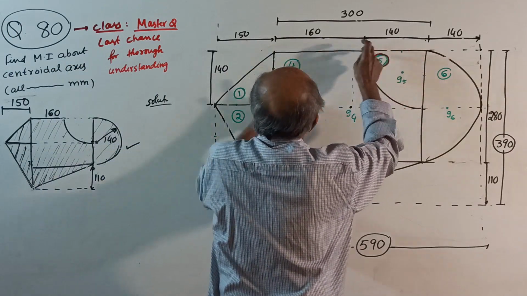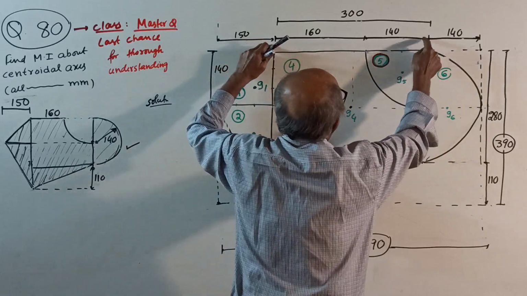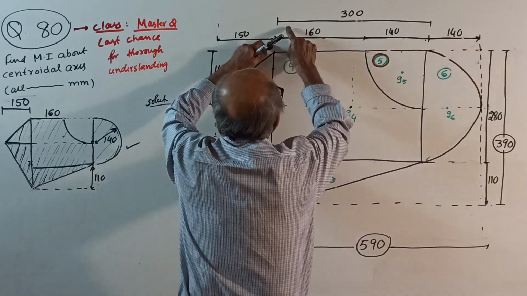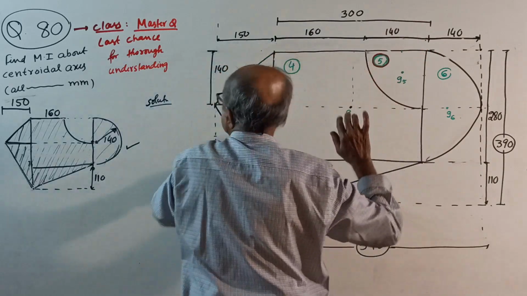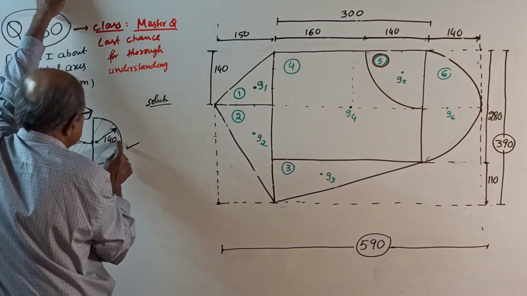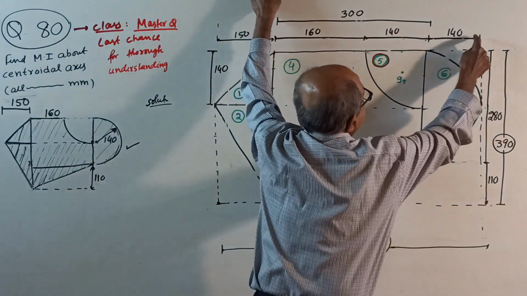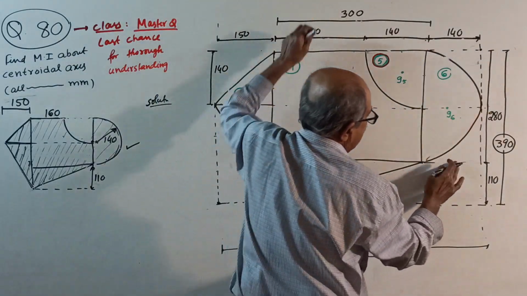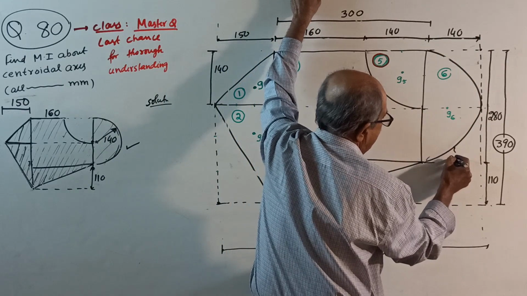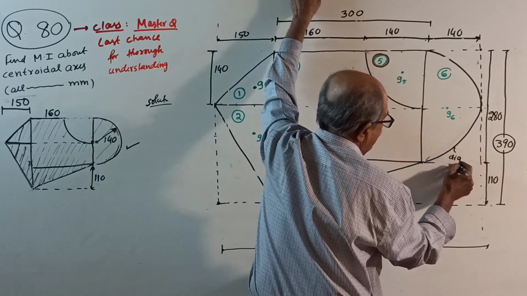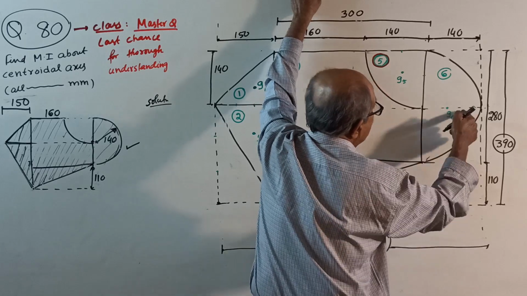This is 160. So 160 plus 140, from here to here, the rectangle dimension is 300. Then this radius is 140. For this one, diameter is 280 with 140 radius.